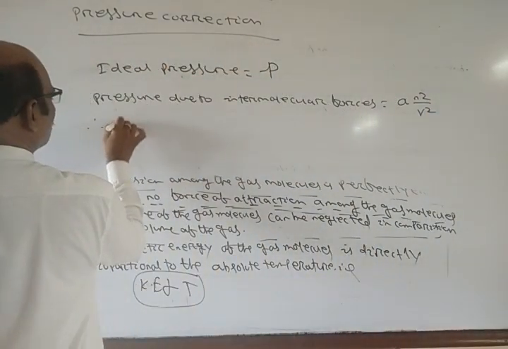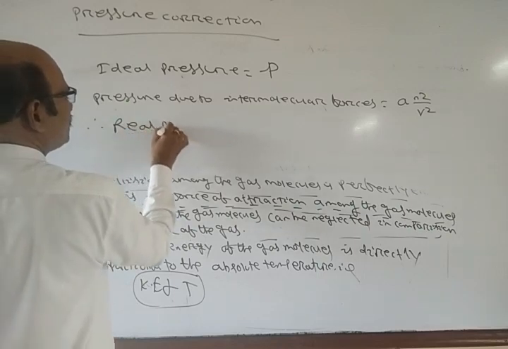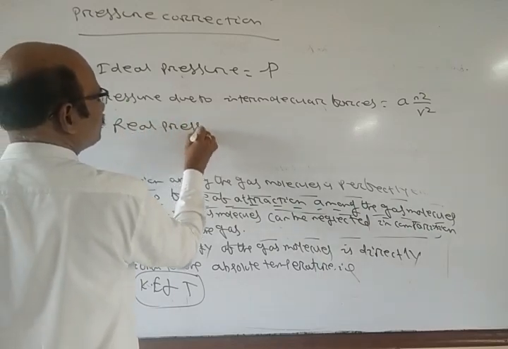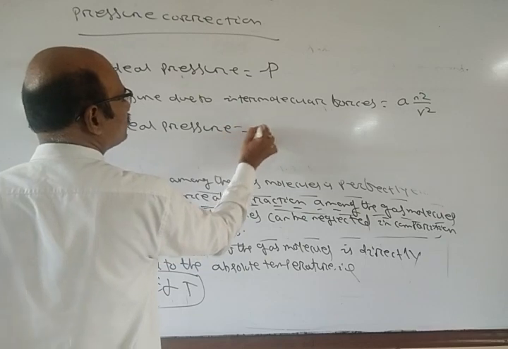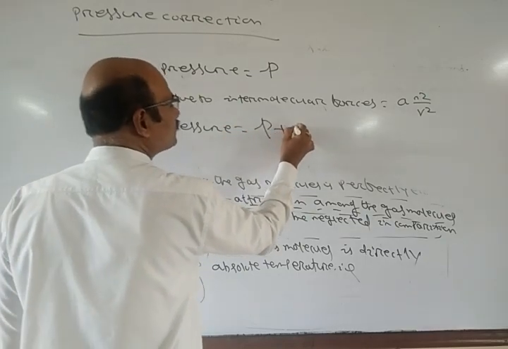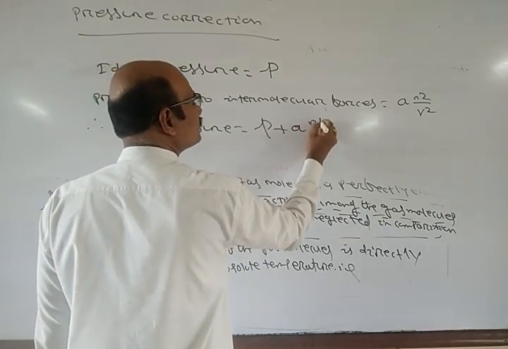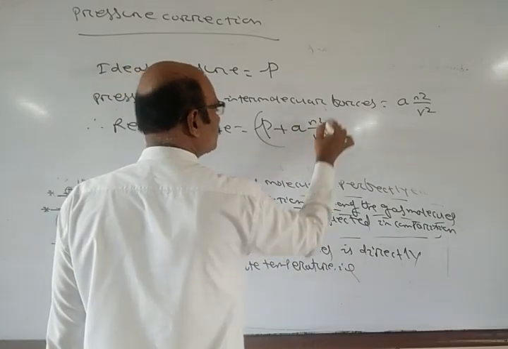Therefore, the real pressure is P plus a n square by V square.